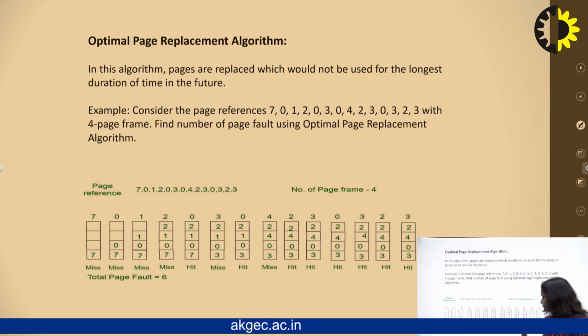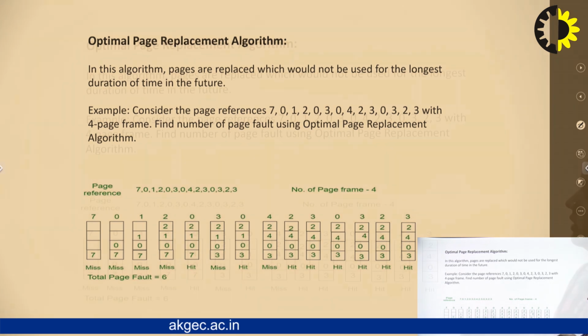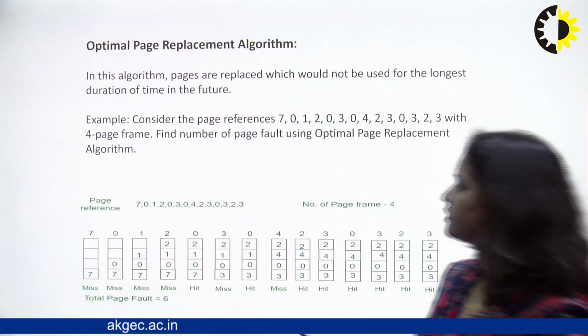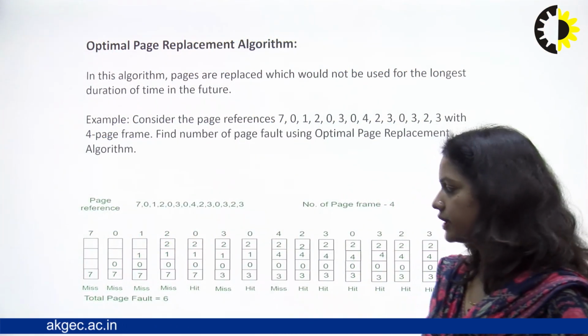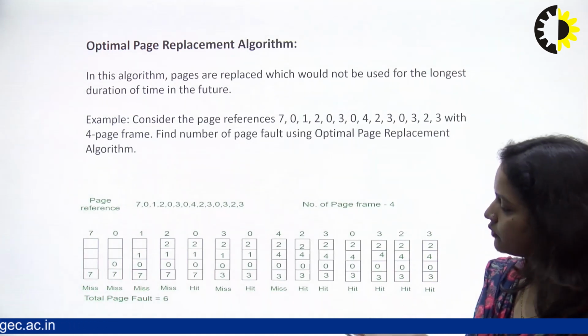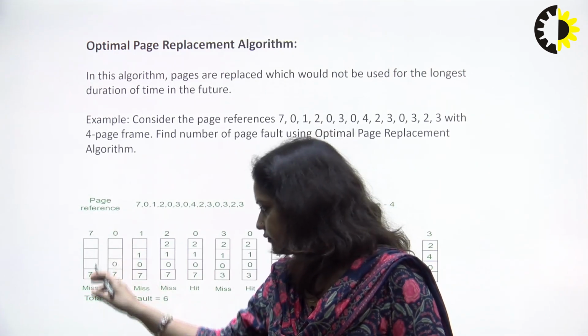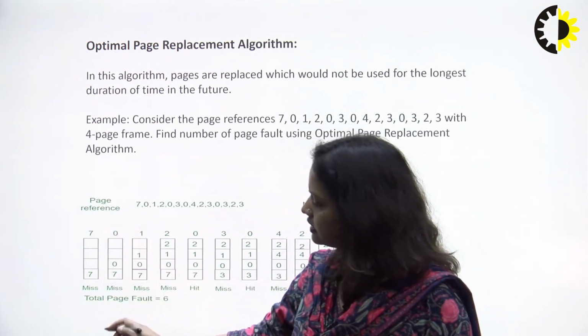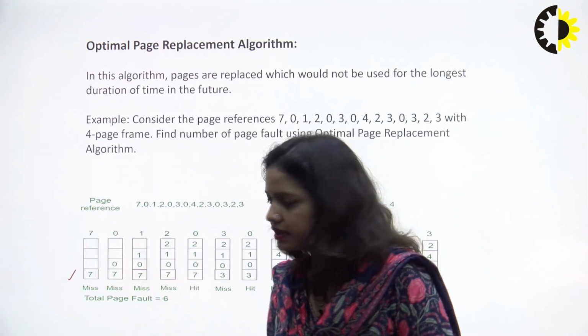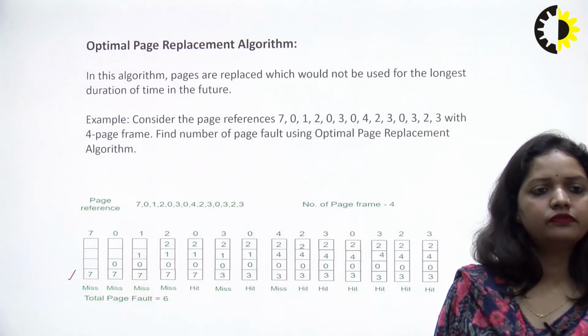So let us consider an example of the string 7 0 1 2 0 3 0 4 2 3 0 3 3 2 3. Now we have to insert the elements of this string. We are inserting 7. In this example, the insertion is performed from the end of the block.